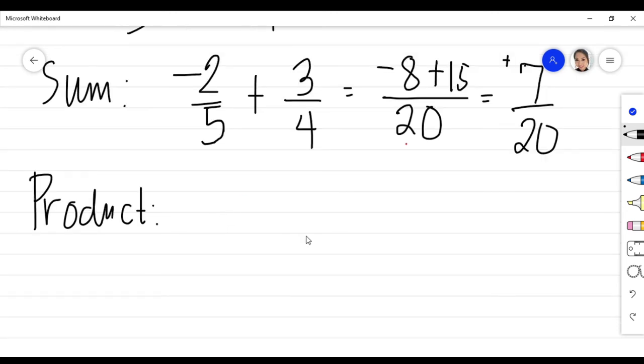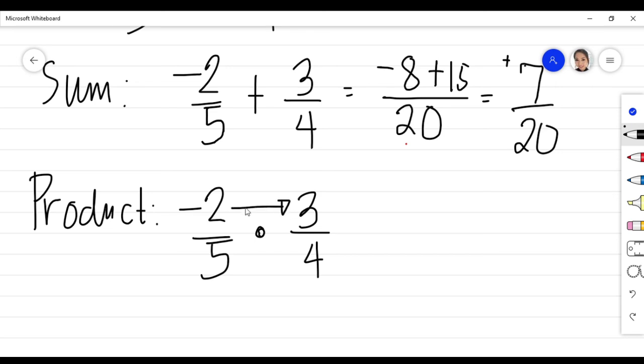Now, how about the product of the roots? The product of the roots is just multiplying our roots, negative 2 over 5 times 3 over 4. Numerator times numerator, denominator times denominator: negative 2 times 3 is negative 6 over 5 times 4, which is 20.